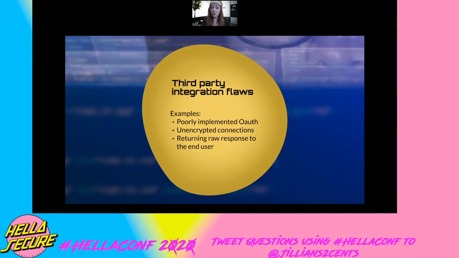Any unencrypted connections to those third-party services often aren't found because it's behind what you're testing dynamically. And if the static analysis tool doesn't know if the connection is encrypted, it may or may not tell you about it. But also returning the raw response to the end user is often a security vulnerability.